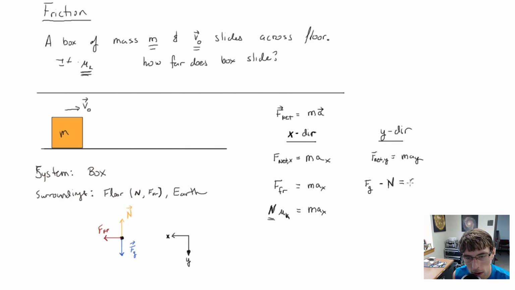So we write 0 here. Okay. And so I will plug in the definition of the gravitational force, mg. I will move the normal force over to the other side. And now I have an expression that gives me the normal force in terms of the variables I am given, namely the mass. So now I can take this expression and substitute it in over here.